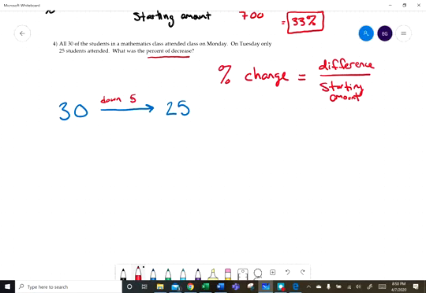What was the percent decrease? Okay, well, percent decrease is the difference. It went from 30 down to 25. So that's down 5 or negative 5 divided by the starting amount, which was 30. So the change is on top, down 5. Starting amount is on the bottom, that's 30.